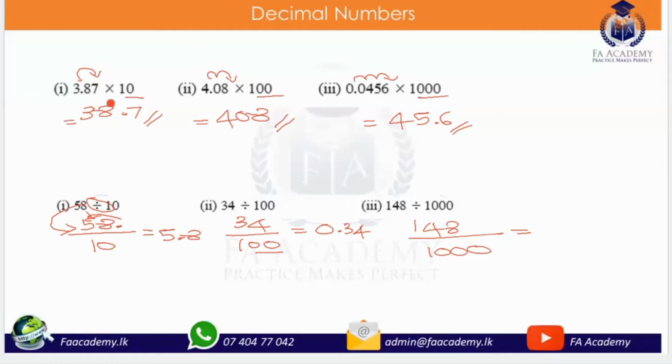How many zeros are there? 3 zeros. So you have to move 3 times backwards. 0.148.